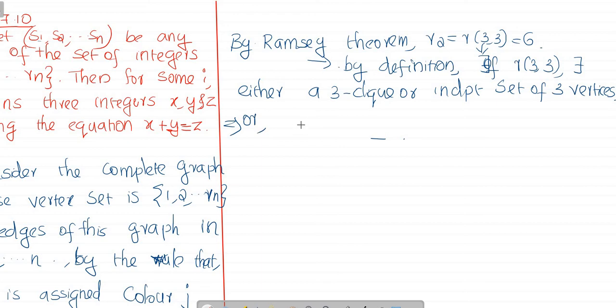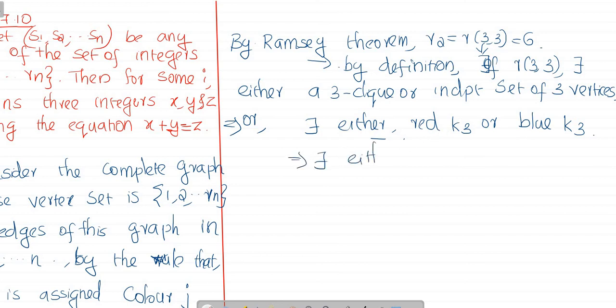In terms of coloring, there exists either a red K3 or a blue K3. That means there exists either a red triangle, since K3 is a triangle, or a blue triangle. This is from the definition of R(3,3).